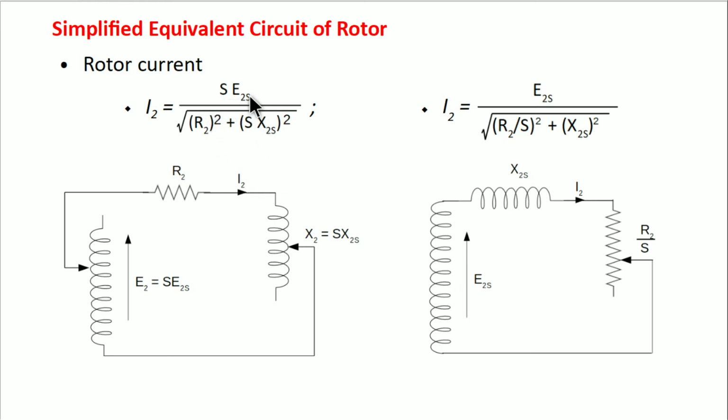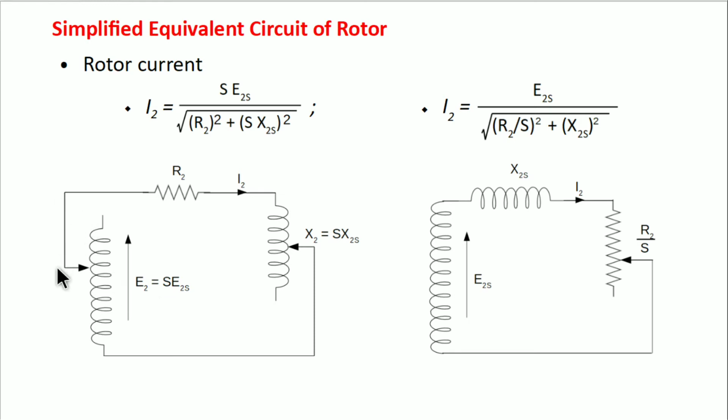Now this S E2S is the EMF induced in the rotor under running conditions. The slip has a variable value depending upon the load. The slip varies. Therefore, this voltage is a variable voltage, represented here by a variable symbol. E2 is equal to S E2S.